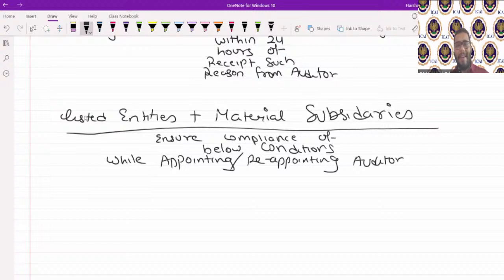So whenever a listed entity or any material subsidiary of the listed entity is appointing or reappointing an auditor, they need to ensure the compliance of the below conditions.